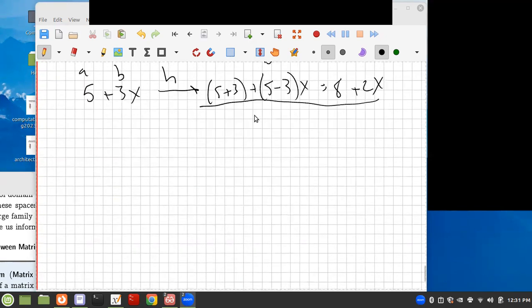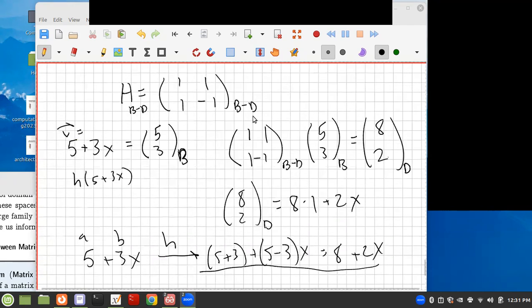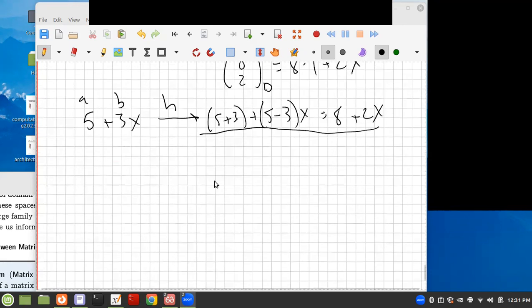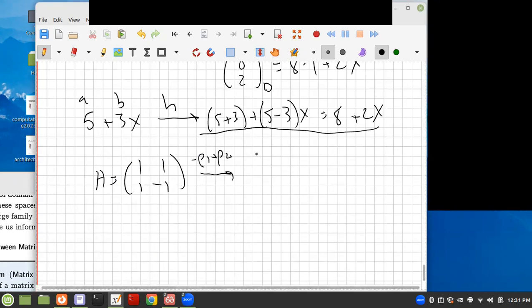And then we can ask, well, look, we have the matrix H here. We can take minus row 1 plus row 2, giving 1, 1, 0, minus 2.